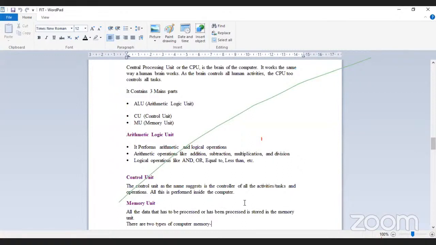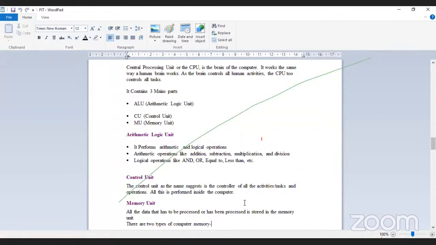Millions of instructions can be performed by a computer, but how can they be processed? Some control mechanism is required. That unit is the control unit. Whatever operations are there can be controlled in the computer.